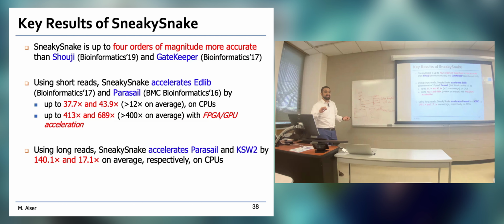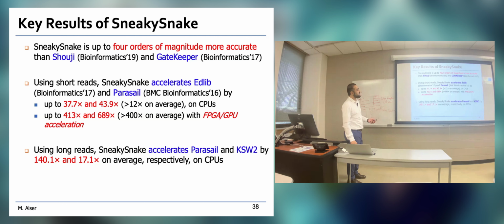This is the fastest implementation of edit distance or Levenshtein distance that we discussed in the lecture. So if you want to get the best performing edit distance algorithm, you should use edlib. Okay, that's the best one currently. So Sneaky Snake is faster than that. So if you merge them together as a filter and as edit distance algorithm, you would get the best combination of those 2 algorithms. Okay.